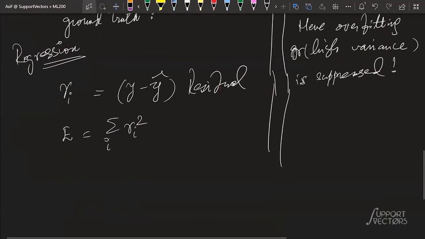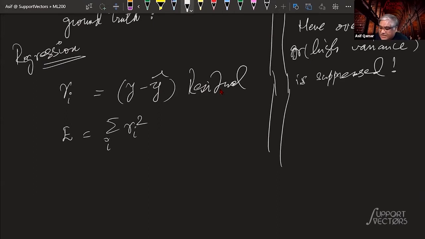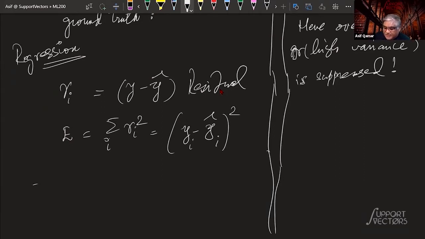Now, given this, if you just expand it out, y minus y hat, squared, this comes to y_i minus, what was y hat? Beta naught, plus beta 1 x1, plus beta 2 x2, etc. But let me stay with one dimension for the time being.